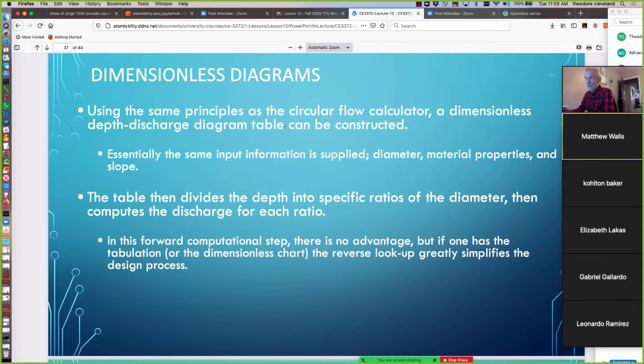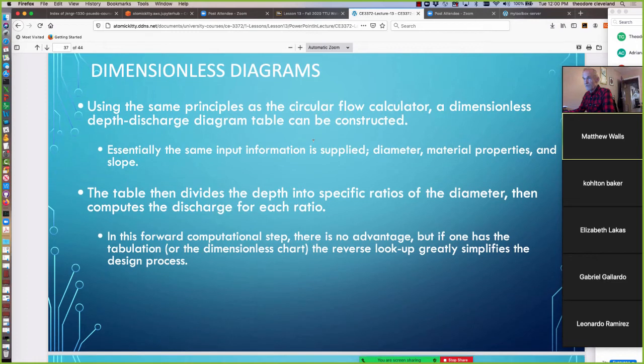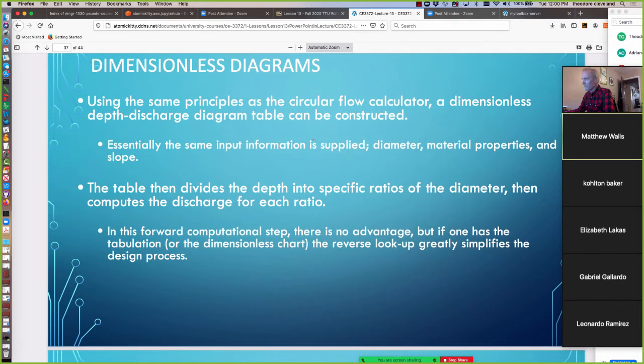So you didn't have to use graphical tools to solve problems. But in the olden days, when dinosaurs roamed the earth, this was all we had. And so using the same principles as a calculator, we actually can plot solutions to Manning's equation in something called a dimensionless diagram. And then using the plot and actual dimensions of the problem, obtain dimensional results.